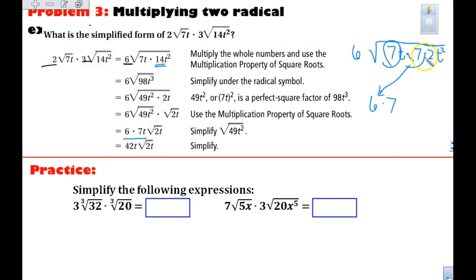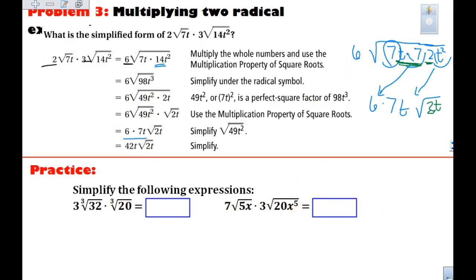Because if I have 2 7s underneath, I can pull that out, and it's not any, because that's the square root of 49. And I have this t squared, which the square root of t squared is just going to be t. And then I am left with what's underneath, which is still, if I am looking at that one, 7 and t, or t and 2, right? 2t.